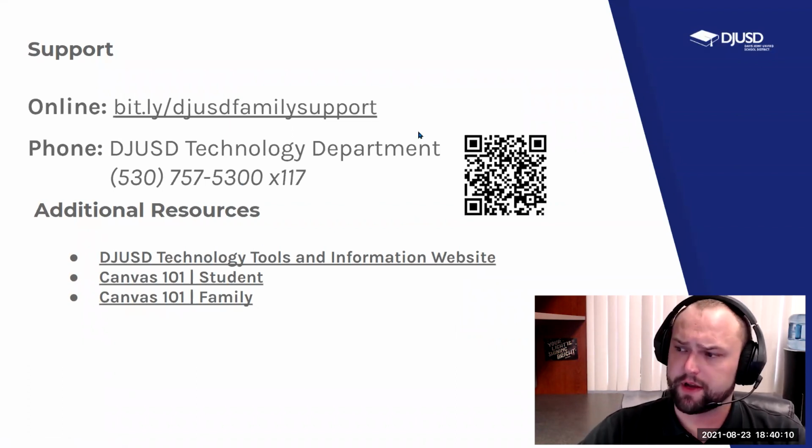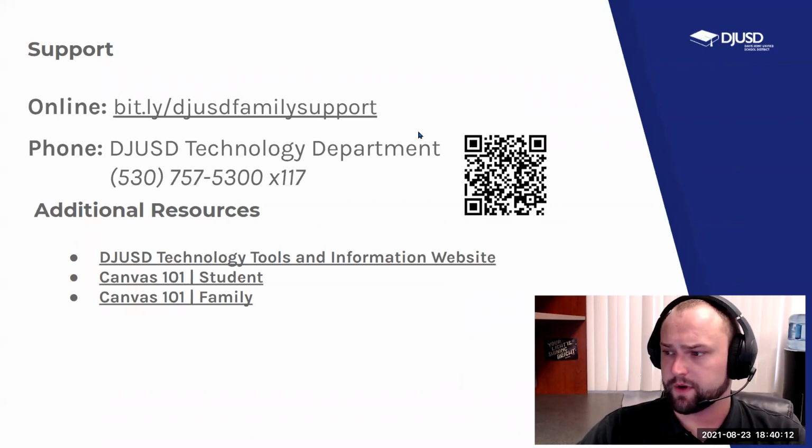Otherwise, if you need support outside of this webinar, feel free to go to bit.ly/djusdfamilysupport or call the technology service desk at 530-757-5300 extension 117. And we'll be able to get you the answers that you need.